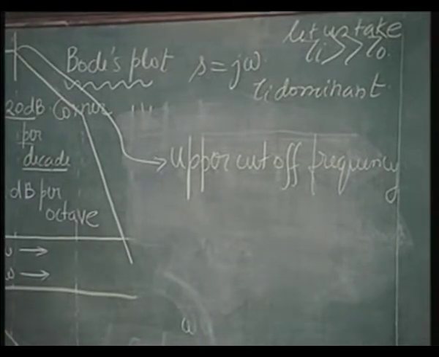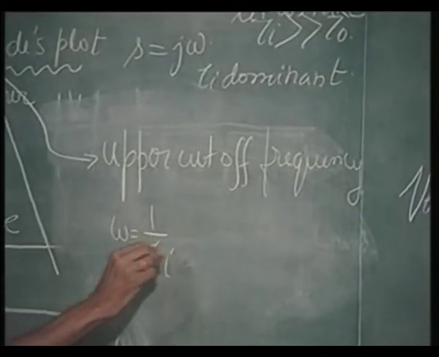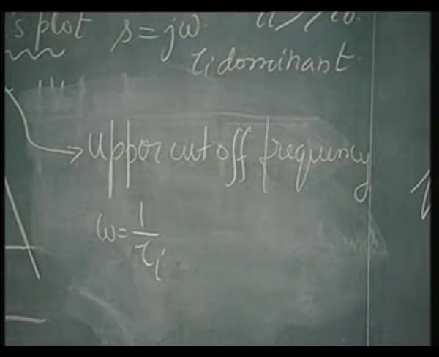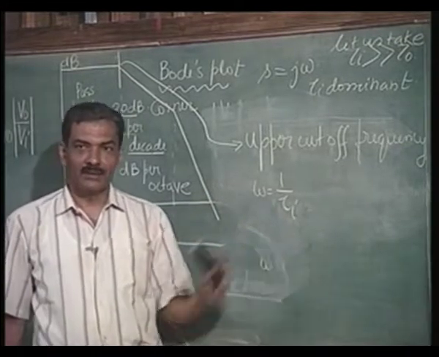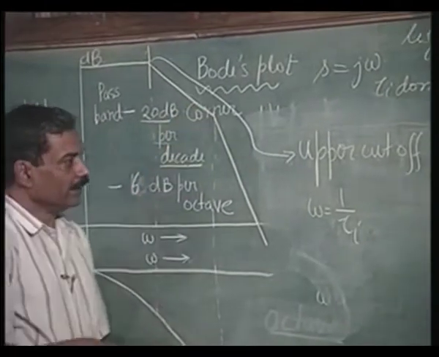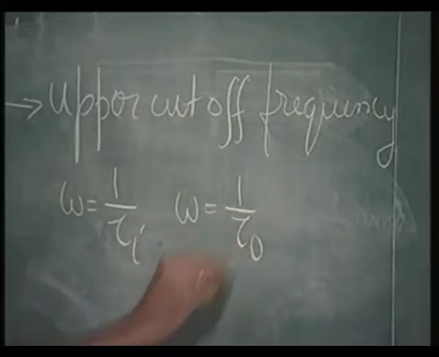What is this in this case? It is equal to omega equal to 1 over tau I. Exactly, this corner frequency corresponds to omega equal to 1 over tau I, and this corner frequency is going to be omega equal to 1 over tau naught.